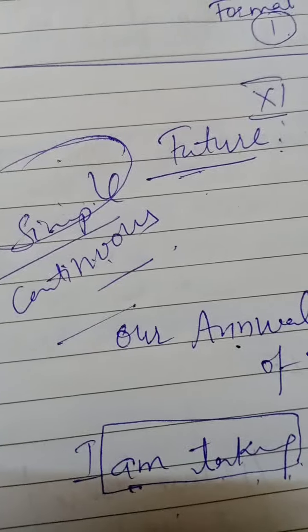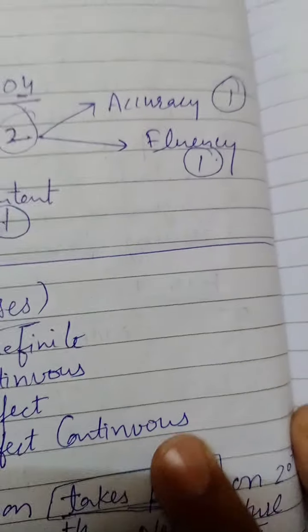And in continuous, I have told you the pattern of this one is am, is, are plus going plus to plus first form of verb. This particular point also shows future reference.